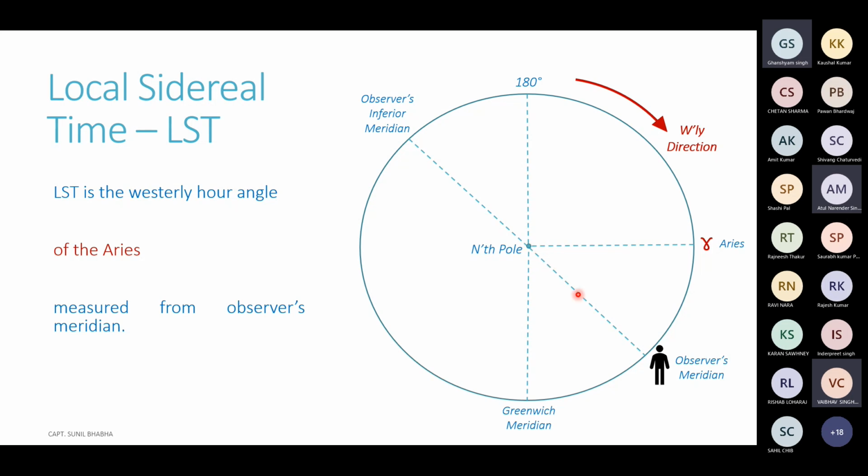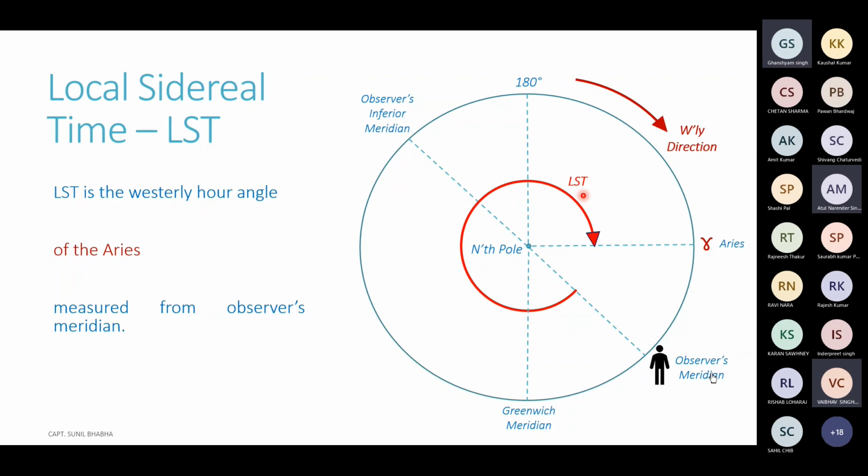So we take our reference from the observer's meridian, go in the westerly direction, and measure up to the celestial meridian of Aries. This is what we call LST, local sidereal time.